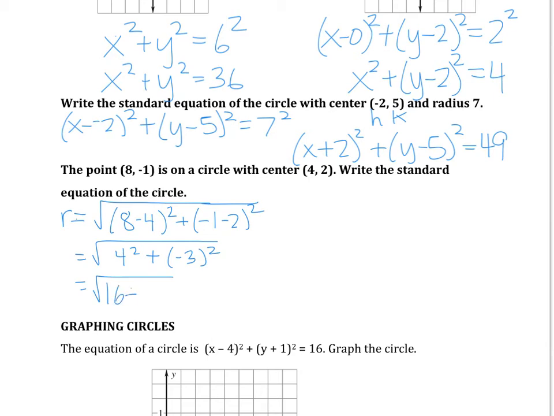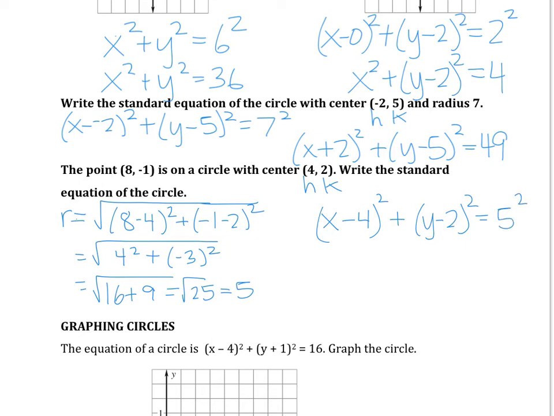This is 16 plus 9. Then you can just use standard form, x minus h squared plus y minus k squared equals r squared. And just simplify the r squared.